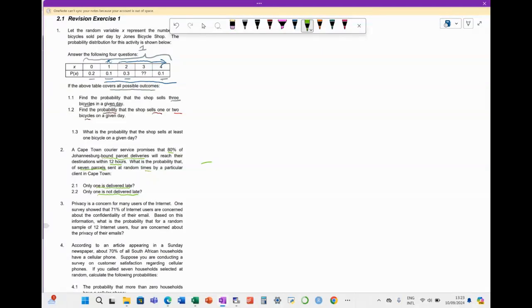Do you remember when we did yesterday's theoretical overview of learning unit 6? We touched on some discrete probability distribution methods, isn't it? What were they? Discrete probability distribution methods.